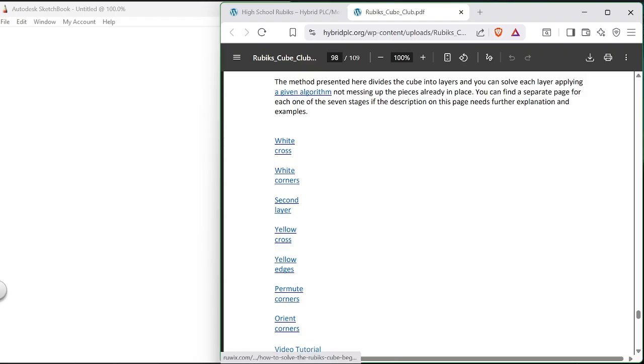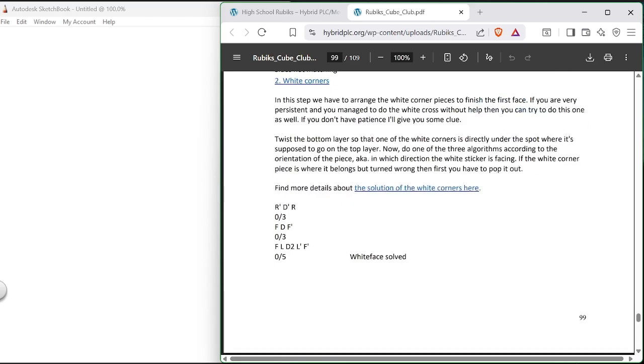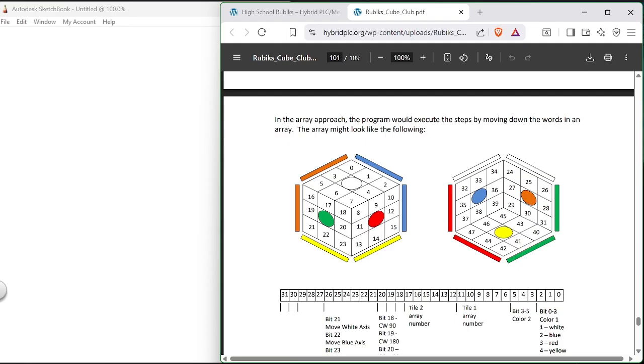So the white cross is the first one. Let's just concentrate on the white cross for a second. So how do you solve the white cross? Well, my approach to solving the white cross is this. And I didn't physically write the program, but I did show word by word how you actually solve that.